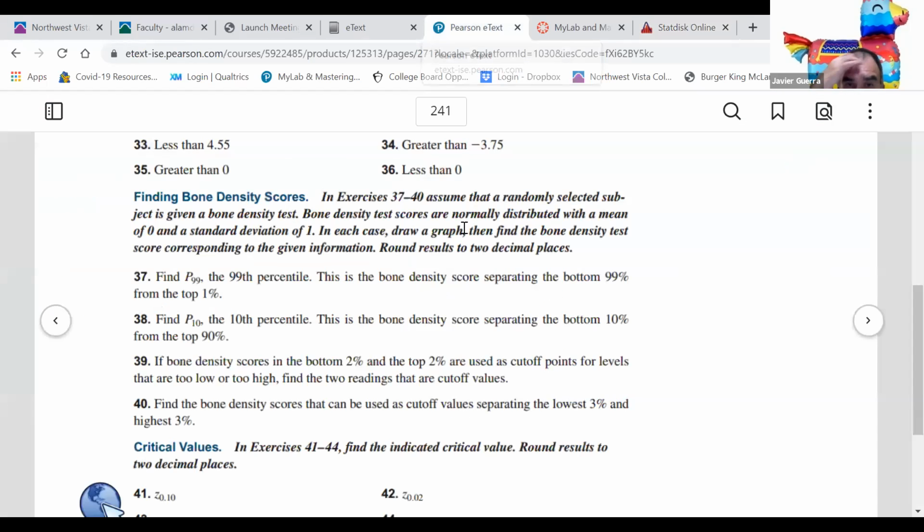All right, we're going to do 39. It says if the bone density scores in the bottom 2% and the top 2% are used as cutoff points for levels that are too low or too high, find the two readings that are the cutoff values.